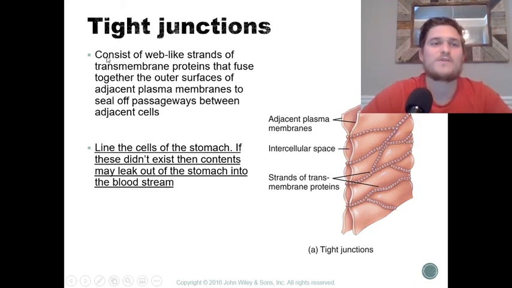And so tight junctions consist of web-like strands of transmembrane proteins that fuse together the outer surfaces of adjacent plasma membranes to seal off passages between the adjacent cells. And so having these tight junctions is going to prohibit things like the contents of the stomach from leaking out into the body.